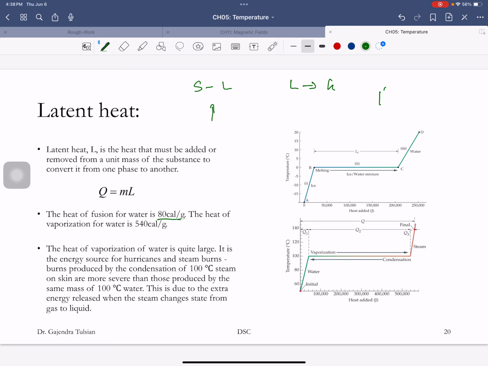What that means is to melt 1 gram of ice, you need to add 80 calories of heat. The second very important number for us is 540 calories per gram for the latent heat of vaporization of water. What that means is to turn 1 gram of water to steam, you need 540 calories of heat.